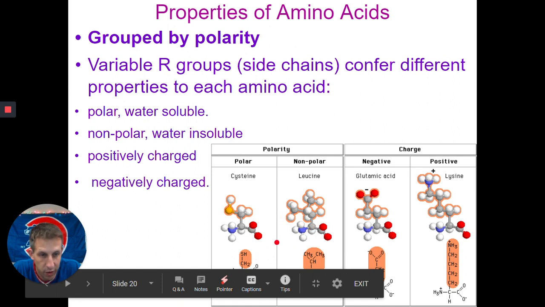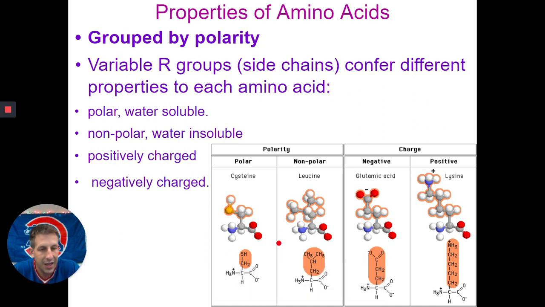Hydrocarbons, if you recall, are nonpolar things. So that little peach shaded area that we see for leucine is nonpolar because it's a big hydrocarbon, which makes the entire amino acid of leucine nonpolar. And we see that same thing here. There's a positive charge over here on lysine, which is my favorite amino acid, and a negative charge here on glutamic acid.